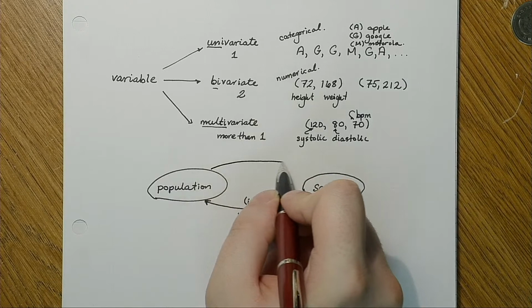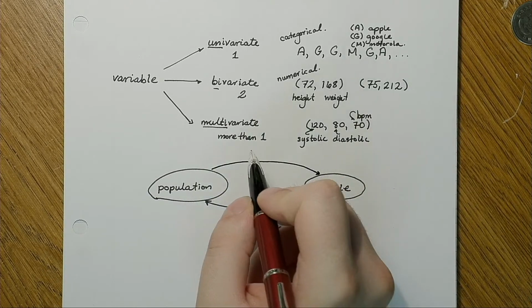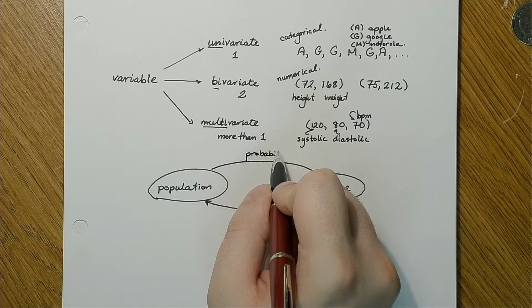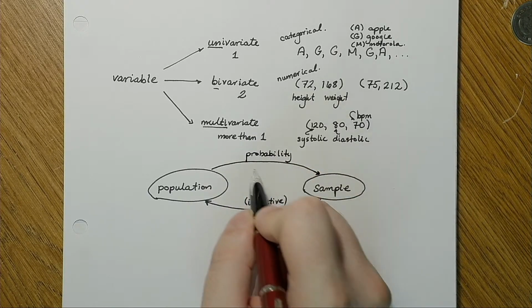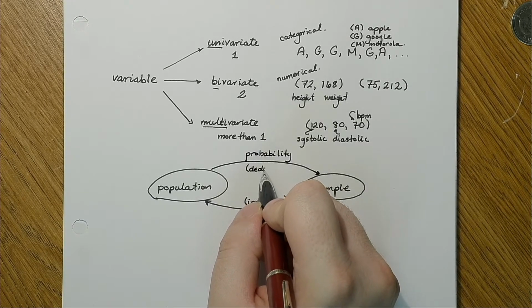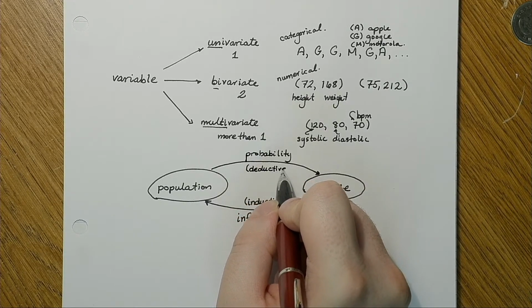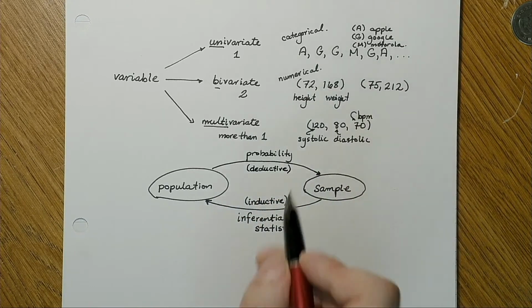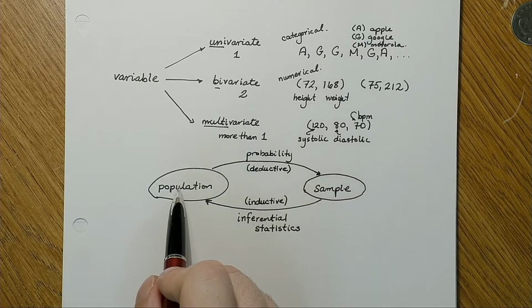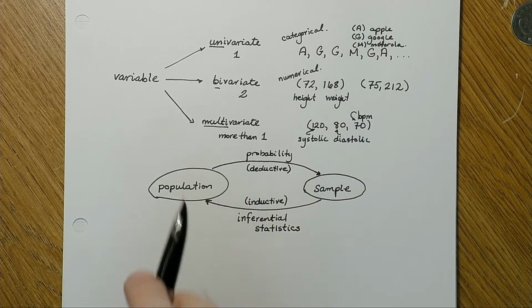Now the other way, using probability, I call this more like a deductive kind of reasoning. In a probability problem, the population characteristics are known. So we know everything about the population.